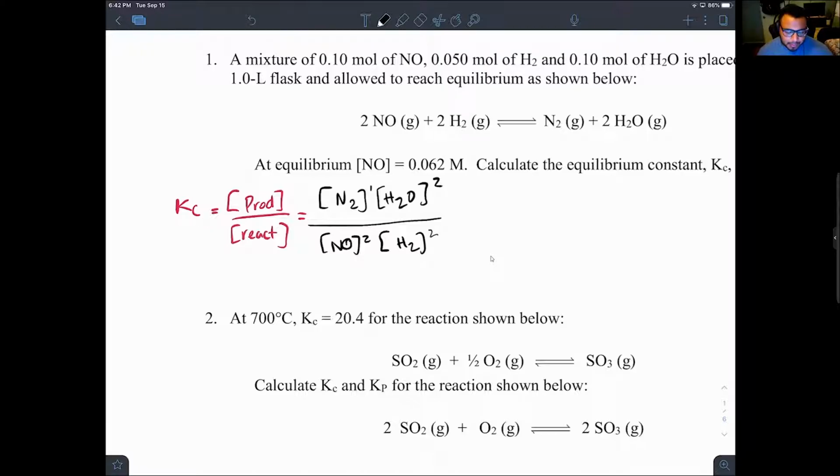And it's really worth pointing out that the concentrations, remember concentrations are represented by the brackets that we see here, the concentrations that are inputted into this equation are all equilibrium concentrations.